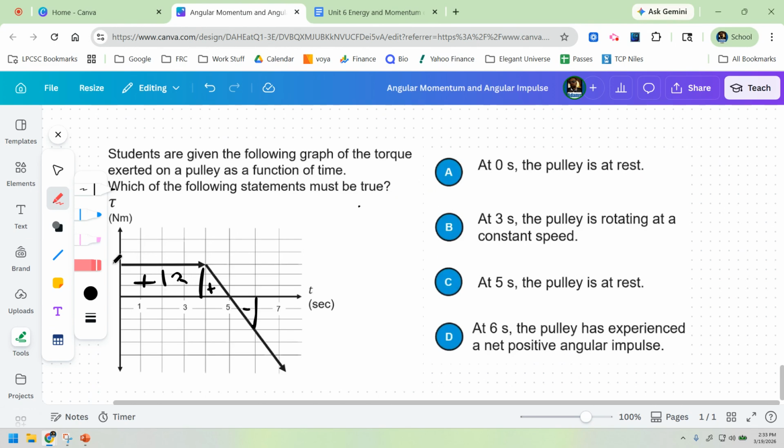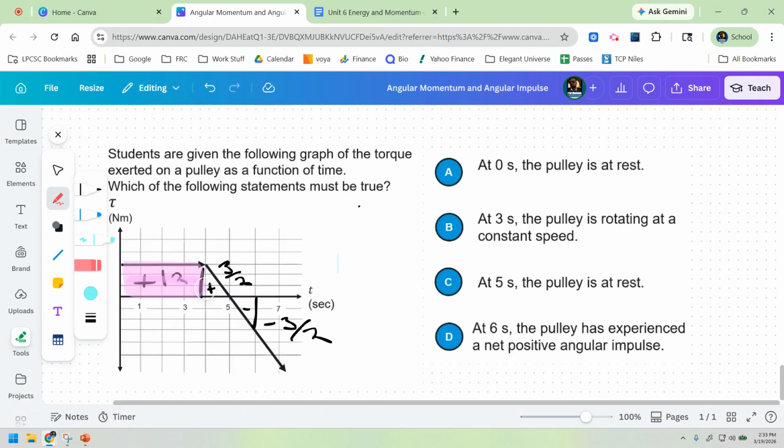Because if this is 3 and this goes for 4 seconds, that's 12. Now this is just 1 times 3 divided by 2. So this is actually plus 3/2, right? And then this right here is negative 3/2, right? So this right here is a positive 12 angular impulse.